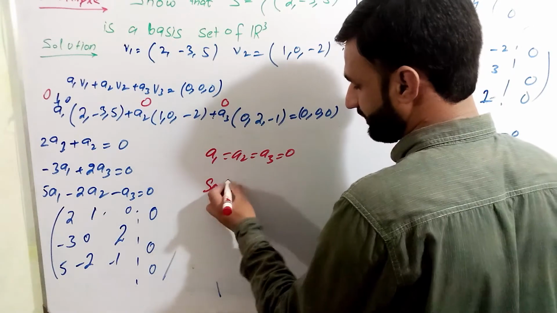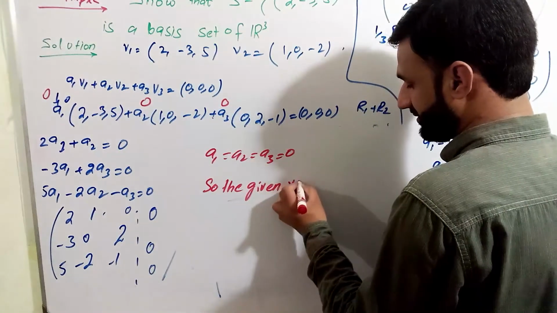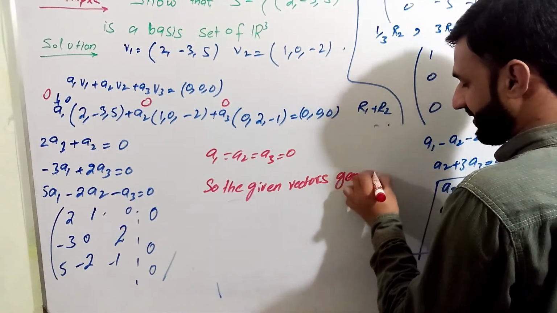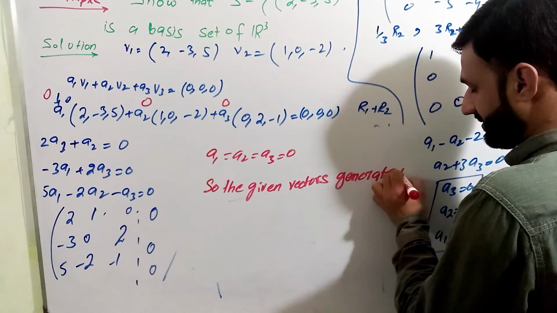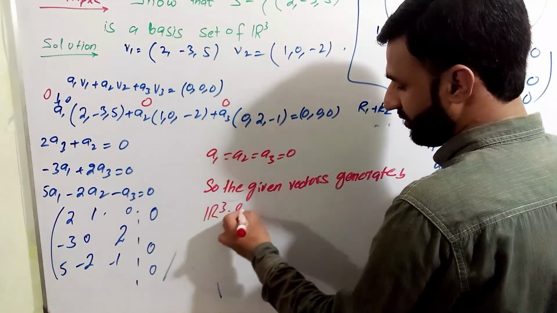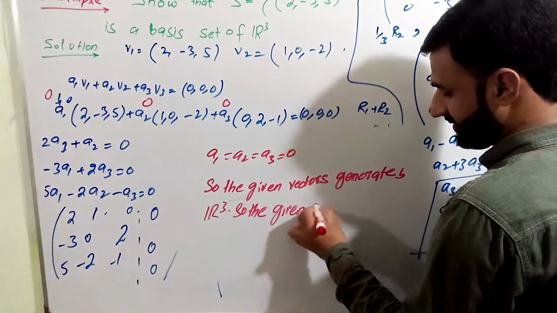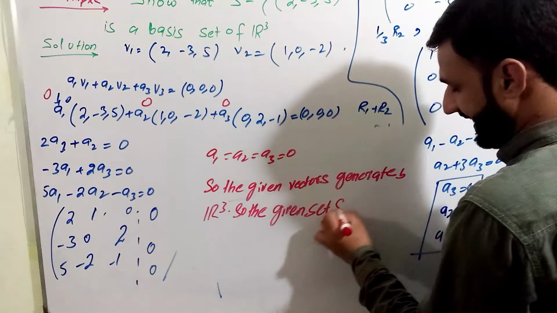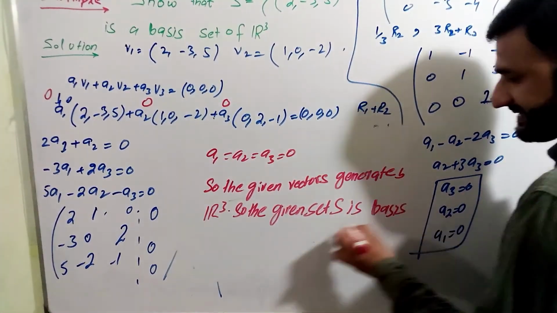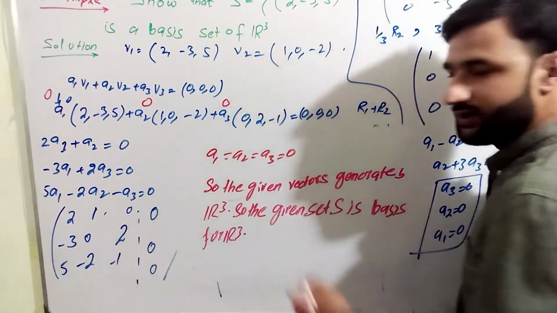So the given vectors generate R3. So the given set S is a basis for R3, right?